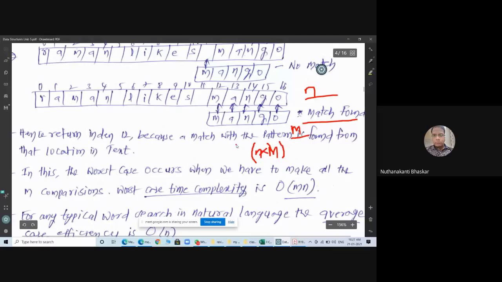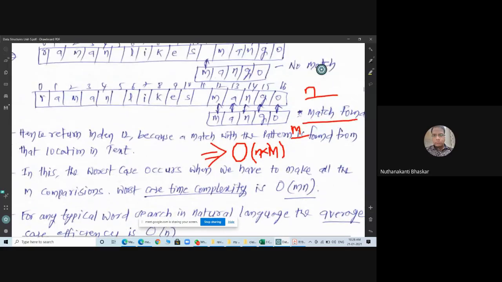So the time complexity of this brute force pattern matching algorithm is big O of mn or nm. Understood? Always we need to take the worst case only, that is why I have taken big O.